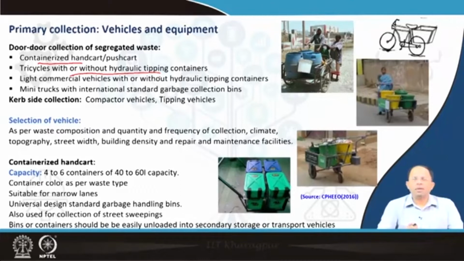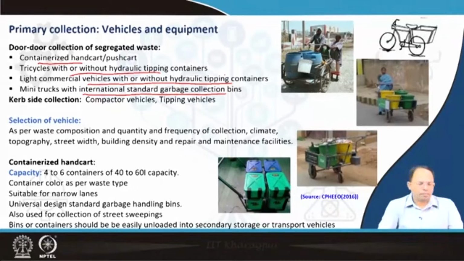That means tricycles that can tip, or they may have just fixed containers. Light commercial vehicles with or without hydraulic tipping containers, or mini trucks with international standard garbage collection wheels. Mini trucks may be a little larger than light commercial vehicles, and instead of tipping containers, they have separate bins within, and the bins get filled as per the different kinds of segregated waste.